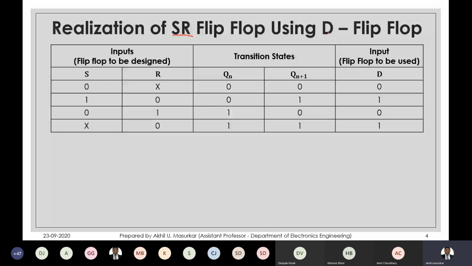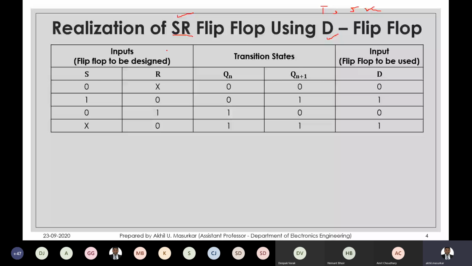Okay. So first, look at the structure of this table. What we have to design is a SR flip flop, and using what? Using a D flip flop. So what I write is I write the SR transition table.